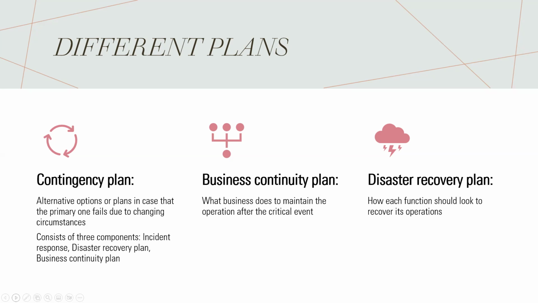And the business continuity plan comes after disaster recovery. Immediately after the impact, we need to have the disaster recovery, and then we continue on business continuity. This is how a business can maintain operation after that critical event.